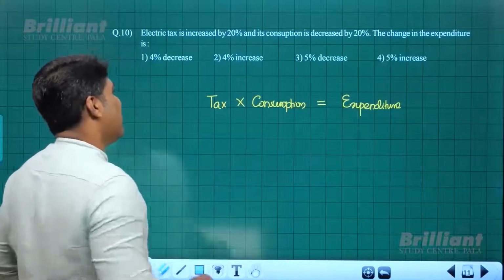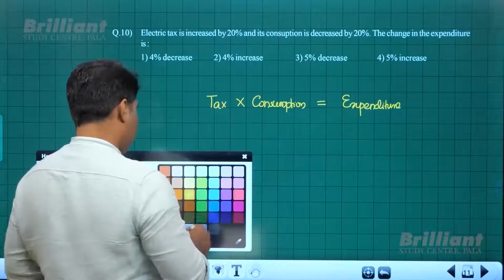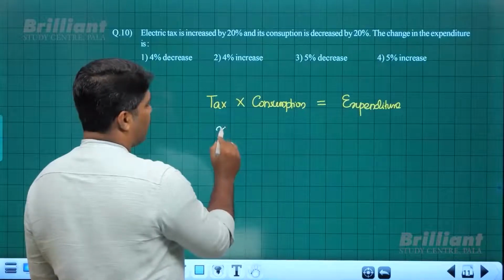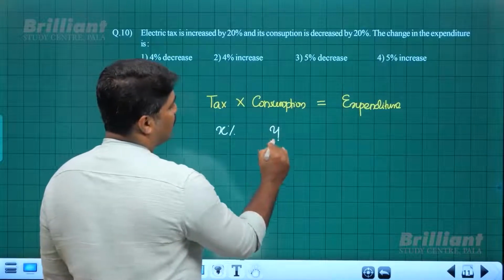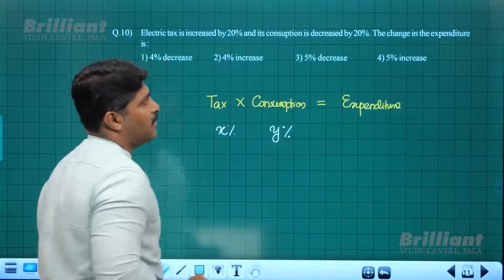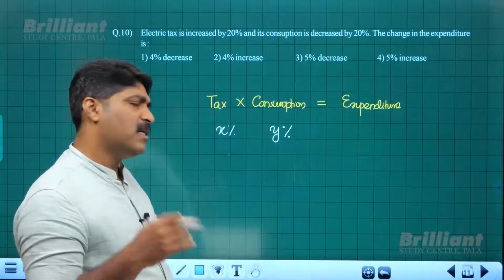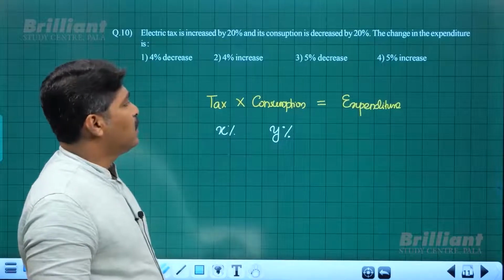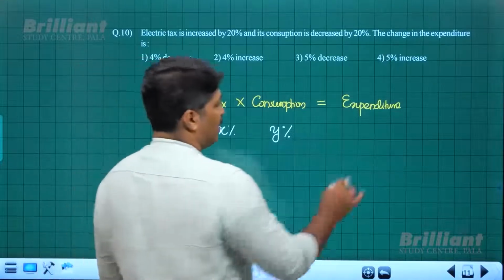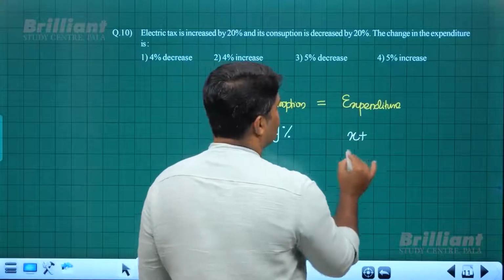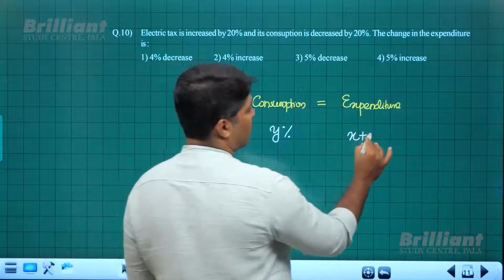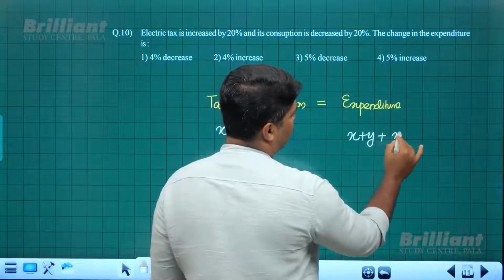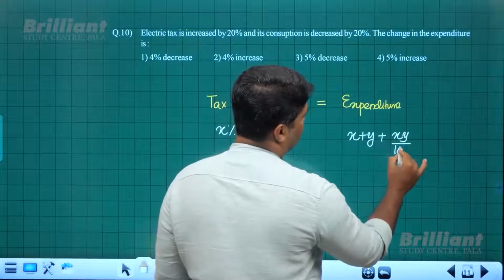So here if tax is increased by X% and consumption is varied by Y%, it may increase or decrease, whatever it is. So we can consider it's a direct application. So the expenditure, that means the product, what change occurred in the product, is X plus Y plus XY by 100%.